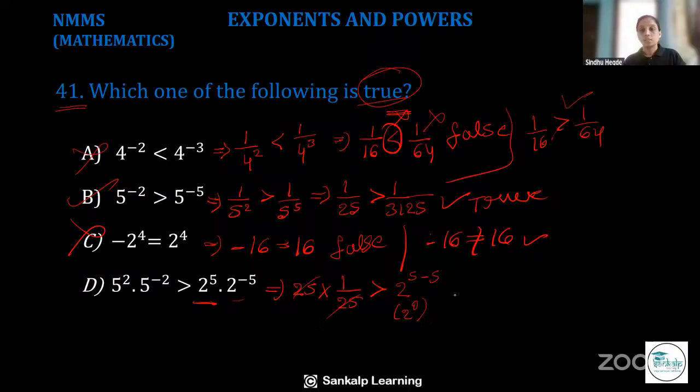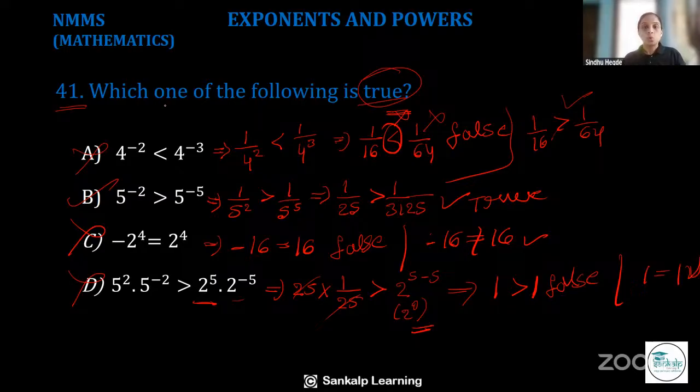So 25 into 1 by 25 is 1, greater than 2 raised to 0. It is always 1. So this option D tells that 1 is greater than 1. This is also false. Actually, 1 is equal to 1 is correct.